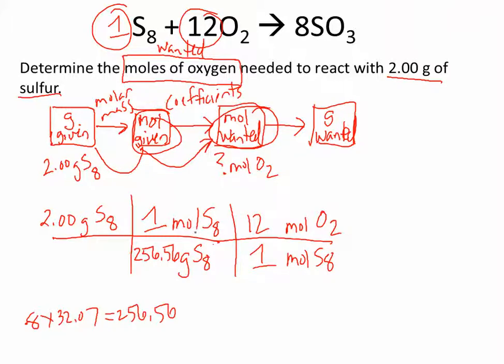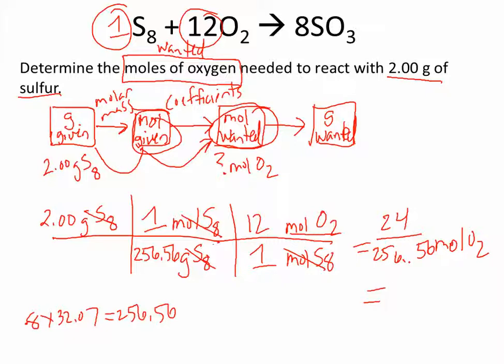All right, so we multiply the top, we divide by the bottom. Grams of sulfur cancels out, moles of sulfur cancels out. We're left with moles of oxygen. So our answer is going to be moles of oxygen. We have 2 times 1 times 12 equals 24, divided by, on the bottom, 256.56 times 1.